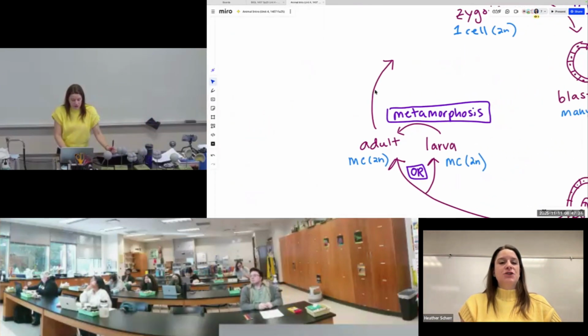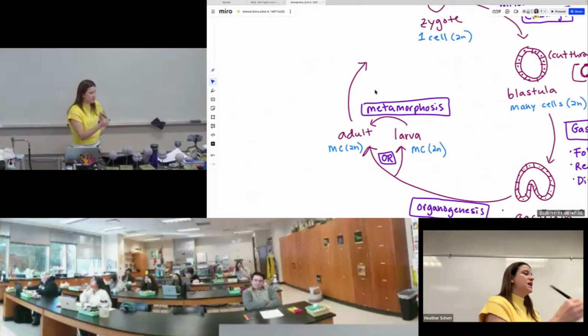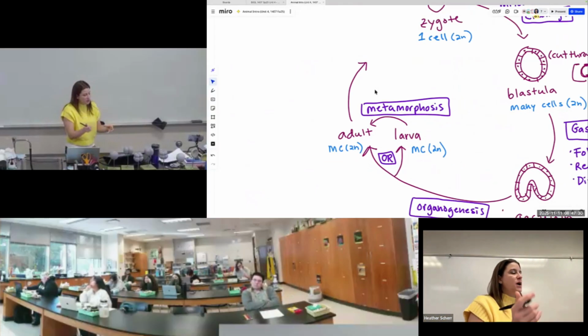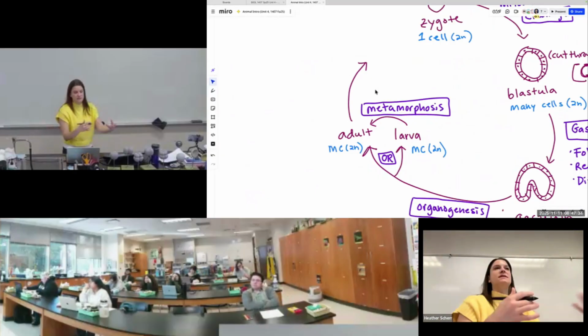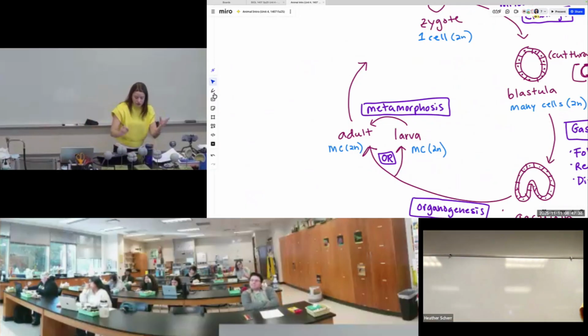But most animals do sexual reproduction, which means there's two parents, or in hermaphrodites, one organism that makes eggs and sperm. If they can self-fertilize, then it's just one parent, but sometimes they still have to cross-fertilize with another organism. Usually, though, the sexes are separate in most animal groups. So we'll have adults, we'll have another adult, one that produces eggs, one that produces sperm, or two that produce both.